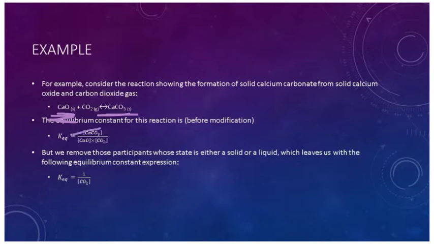So that goes away and that goes away. Because there's nothing on the top, we just have one, and the only other participant in the reaction is the carbon dioxide. So the K equilibrium is 1 over the concentration of the carbon dioxide.